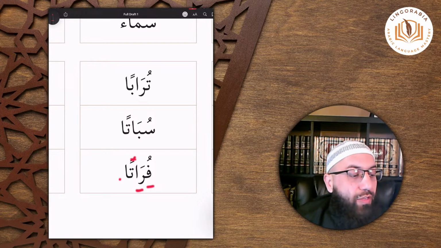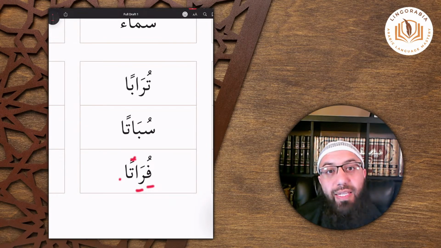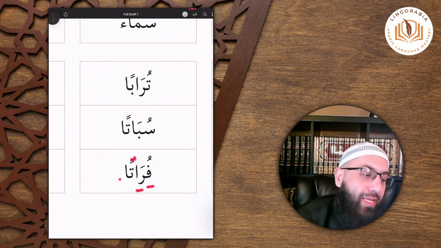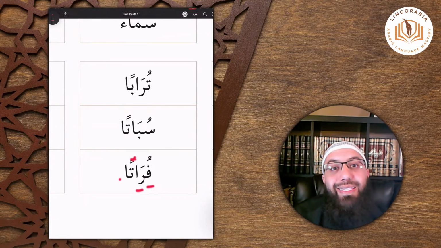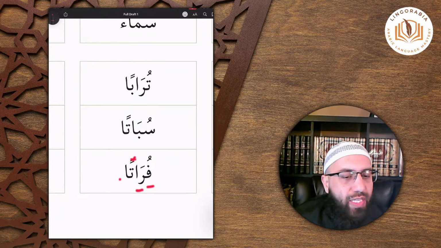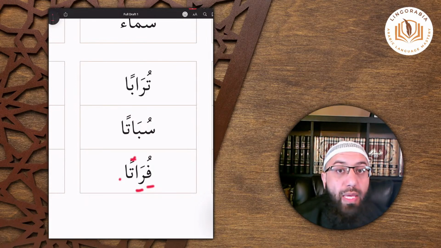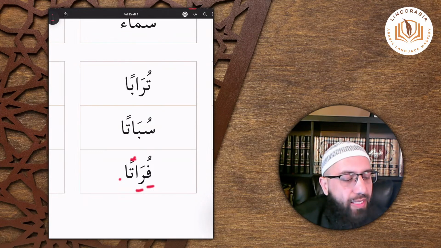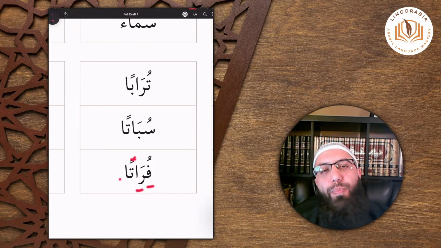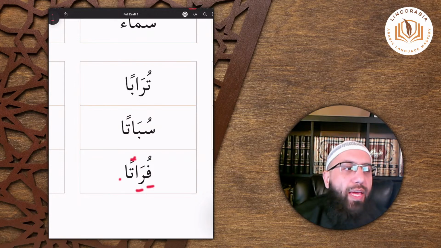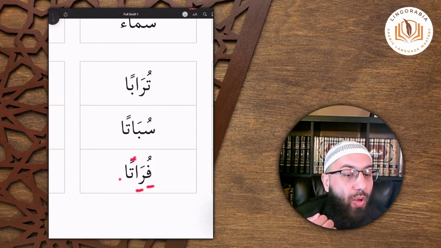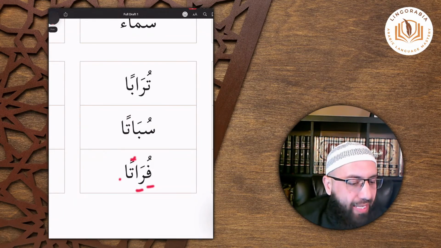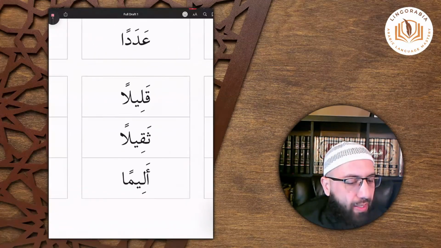Why don't you read furatan? Because furatan is if it is positioned in the middle of a sentence or an ayah, and in this exercise we are reading as if this is the last word. If you end with it, you pronounce it as furata. Keep this in mind, guys. Okay, next one.